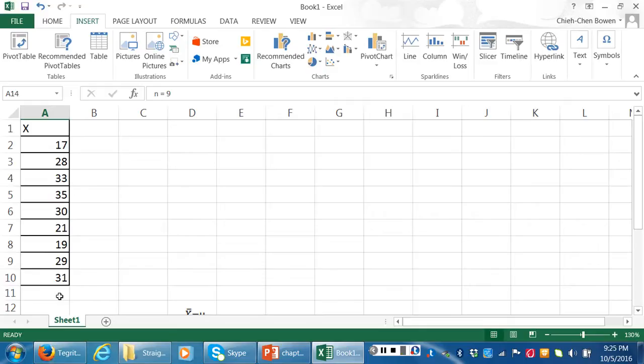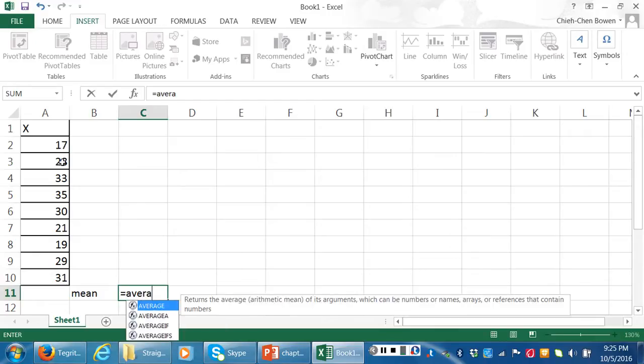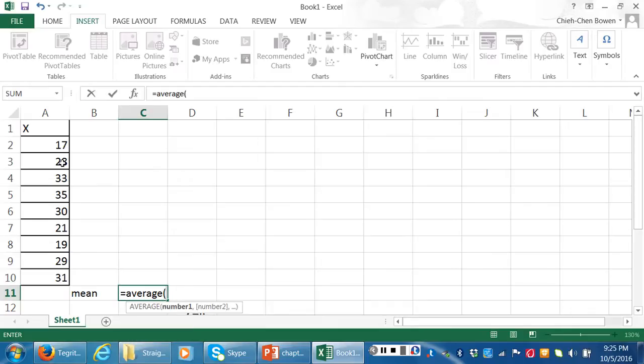Okay, so right now I'm going to do things slightly differently, a little faster. The sample mean can be easily calculated: equal sign, that's where I want to put my answer, and you simply type in mean, which is AVERAGE.